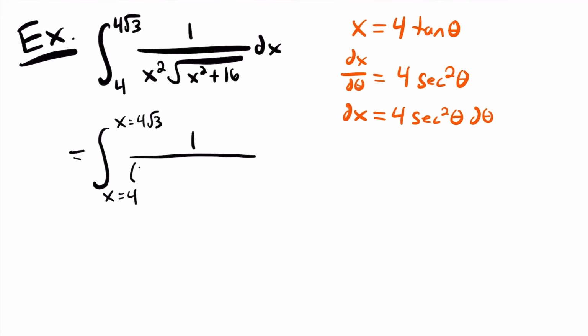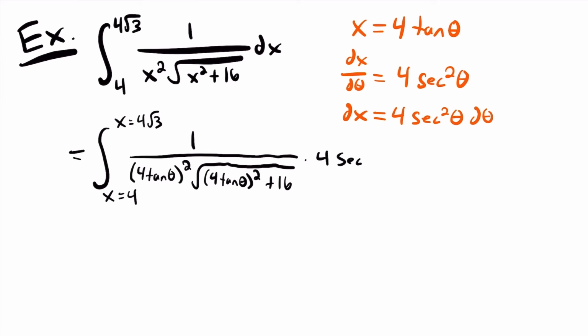So we will have 4 times tangent theta squared times the square root of x squared. So we're going to have 4 times tangent theta squared again plus 16, and that will be multiplied by dx, which is 4 times secant squared theta d theta. So we multiply by 4 times secant squared theta d theta.